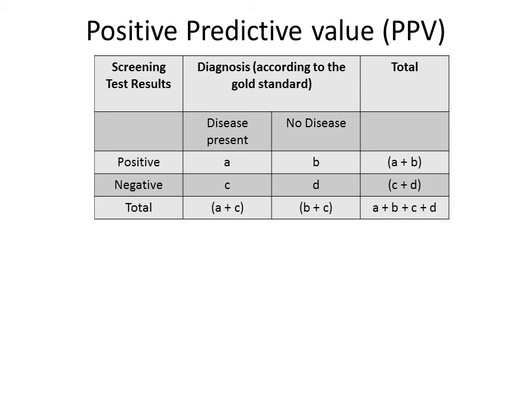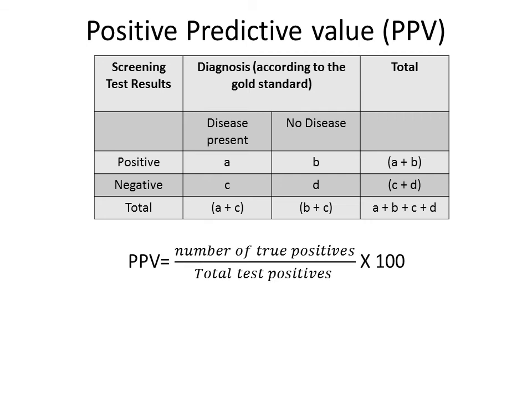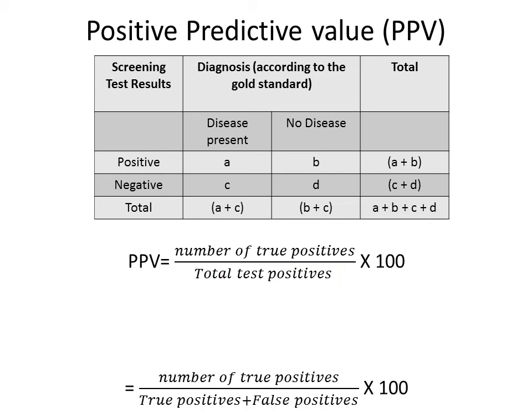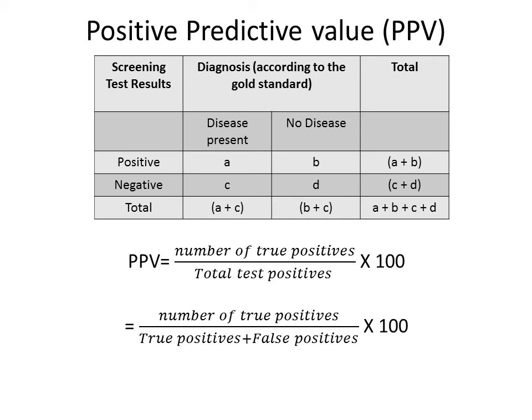Positive predictive value is calculated as number of true positives divided by total number of positives, into 100. That is, number of true positives divided by true positives plus false positives, into 100.